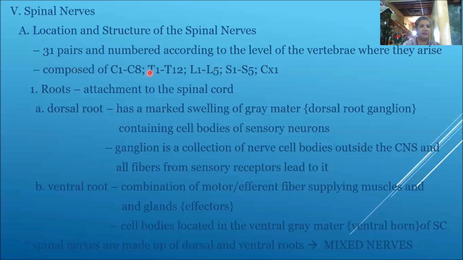So this is what I want you to justify with me, and you have to answer this. Why are there 8 cervical spinal nerves when there are only 7 cervical vertebrae? Now, the spinal nerves will have a root.